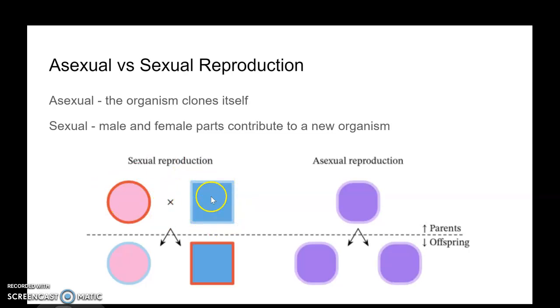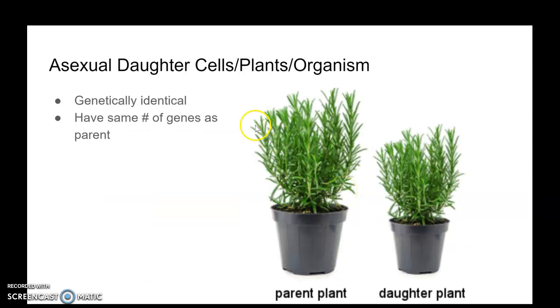So their genes will mix and produce offspring that are also mixed. And so the offspring in sexual reproduction are different from their parents, but the offspring in asexual reproduction are exactly the same. Every single gene is the same as the parent. Okay. For example, so yeah, just what I went over.